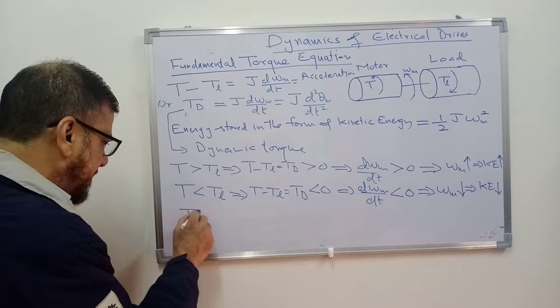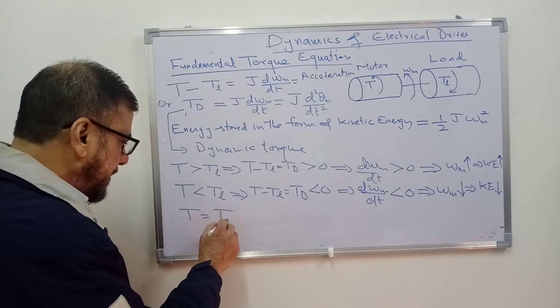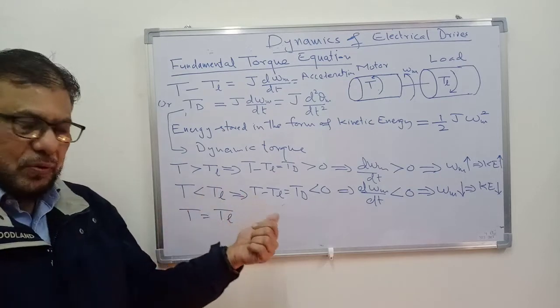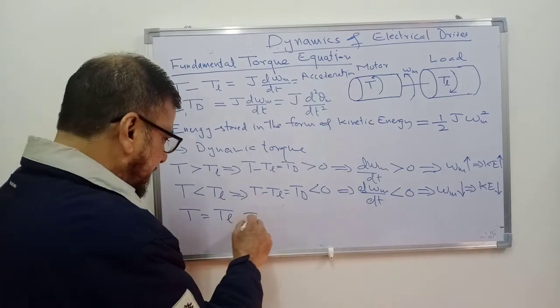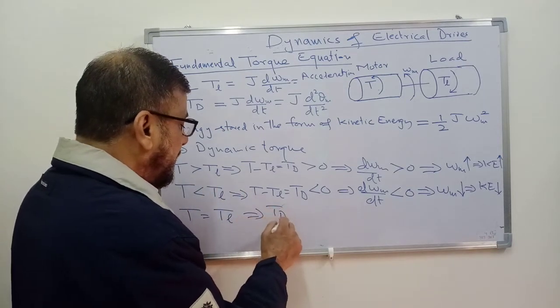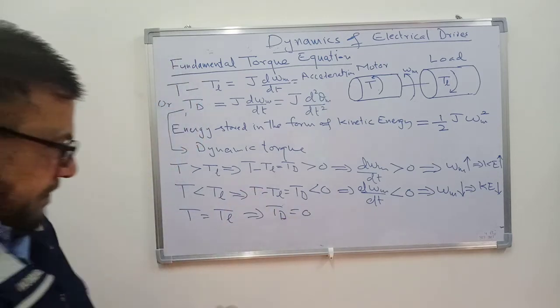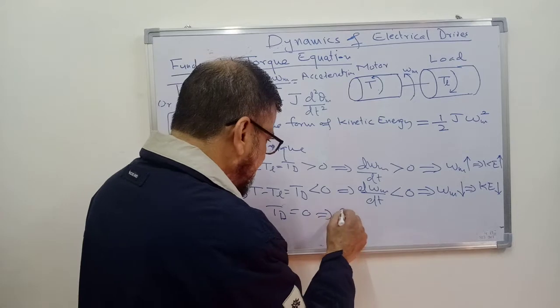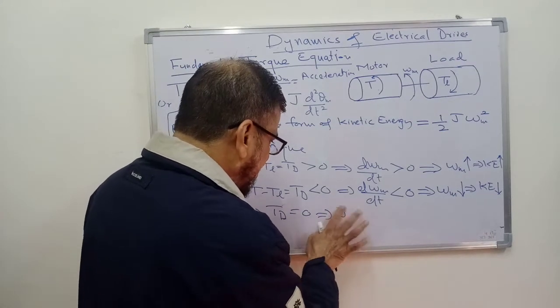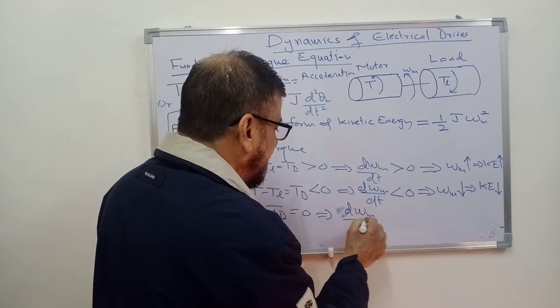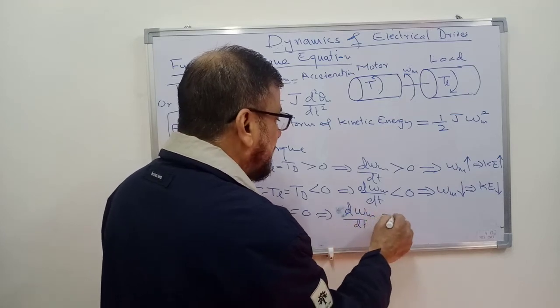And when T becomes equal to TL, the motor torque becomes equal to load torque. This implies that the dynamic torque is now 0, which means that the angular acceleration is also equal to 0.